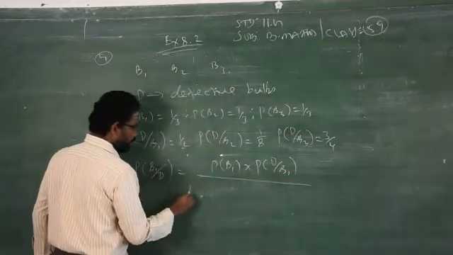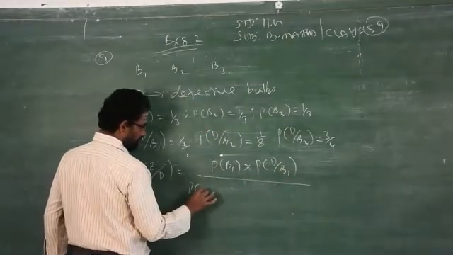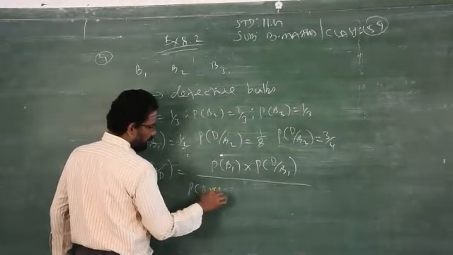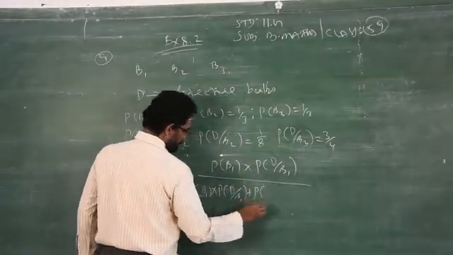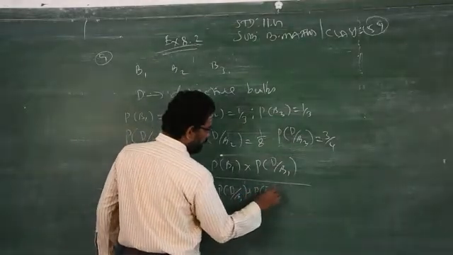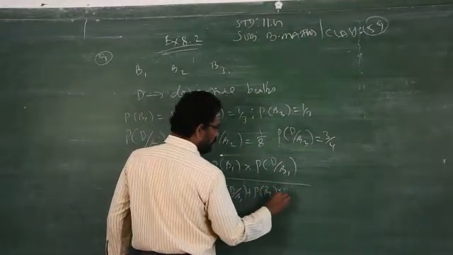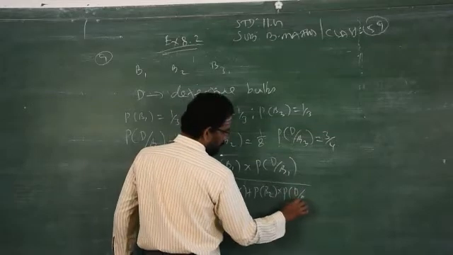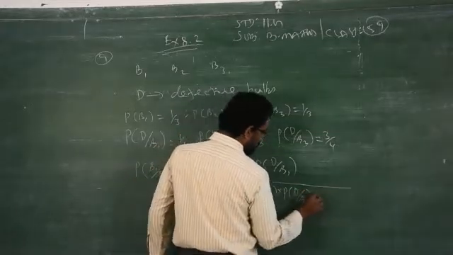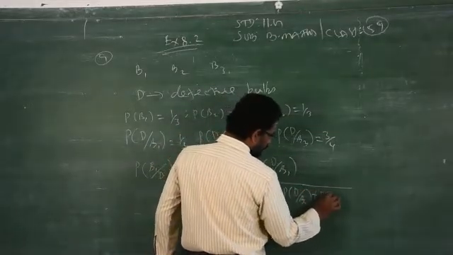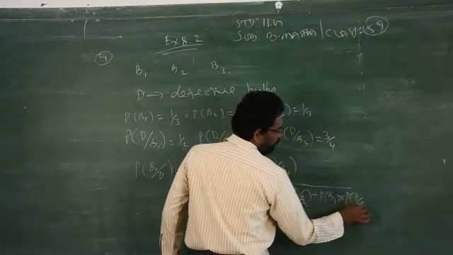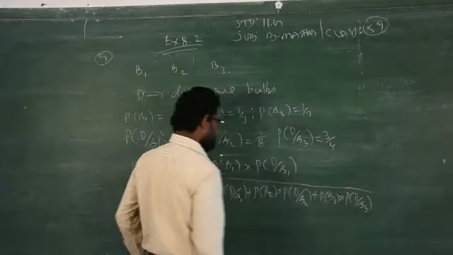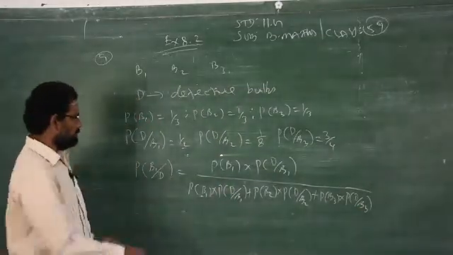In the denominator you have to write all three possibilities: B1 into defective from box 1, plus probability of B2 into defective from box 2, then box 3 into defective from box 3. This is a very simple formula.